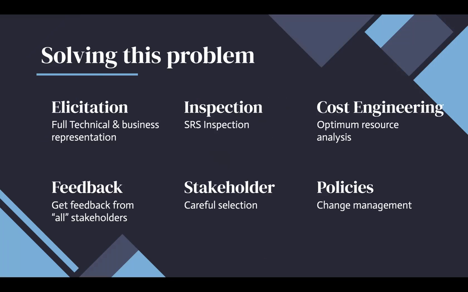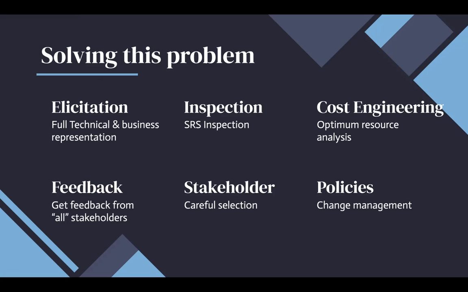The solution: to solve this problem, we need to ensure that elicitation is done correctly and adequately, the right way, the right questions are asked, the right stakeholders are engaged. Inspection as well, we can ensure that the software SRS inspection is done and included as part of the development process. A lot of companies, a lot of organizations do not do this.